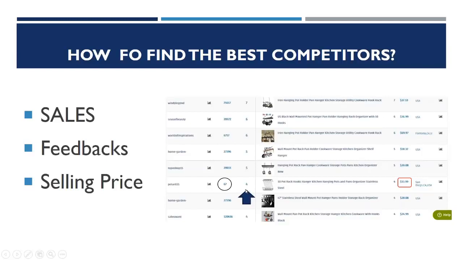So we want to test, we want to scan this kind of sellers, okay? We want to scan the sellers that show us they do something extraordinary. They have lower feedbacks, they have high sales, and they have an interesting selling price. But don't block yourself. You can also scan sellers with 6,000, with 20,000, with 10,000, with 1,000 feedbacks. No problem.